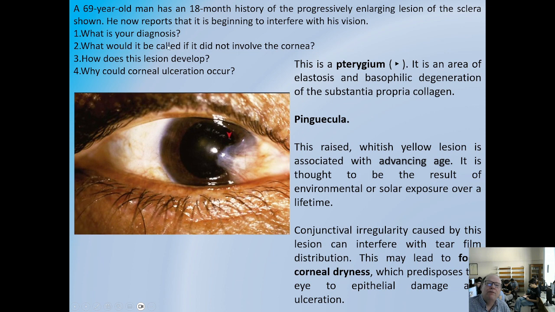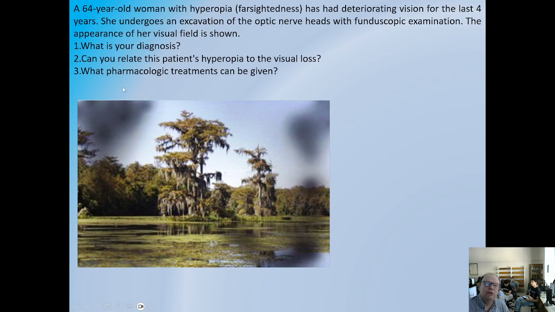If it did not involve the cornea, there is another term to name this lesion. And of course, this is associated with advancing age. And what does this cause? It causes dryness, and if the area is dry, it can more easily be destroyed. The epithelial covering can be easily torn and destroyed, and there'll be an ulceration.